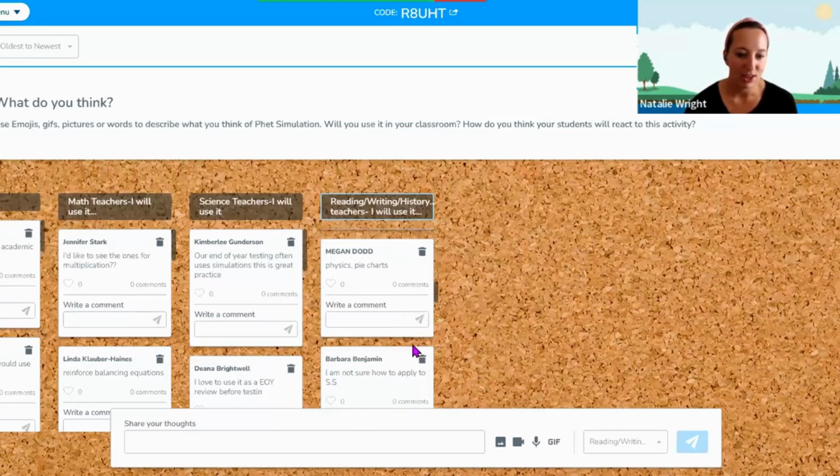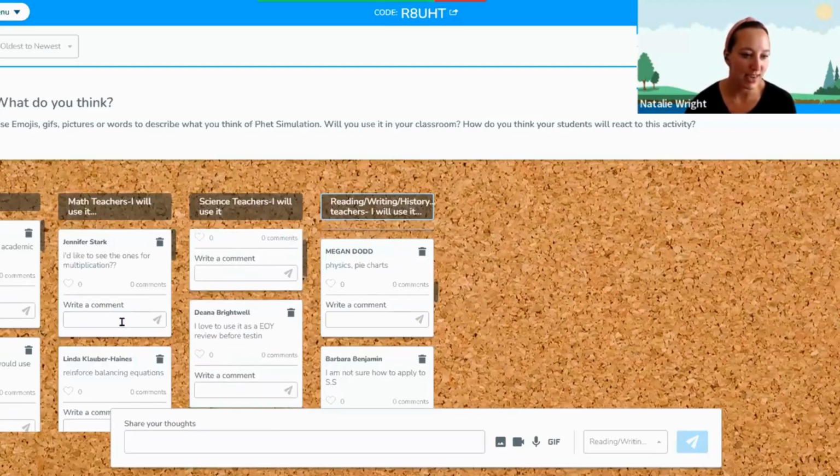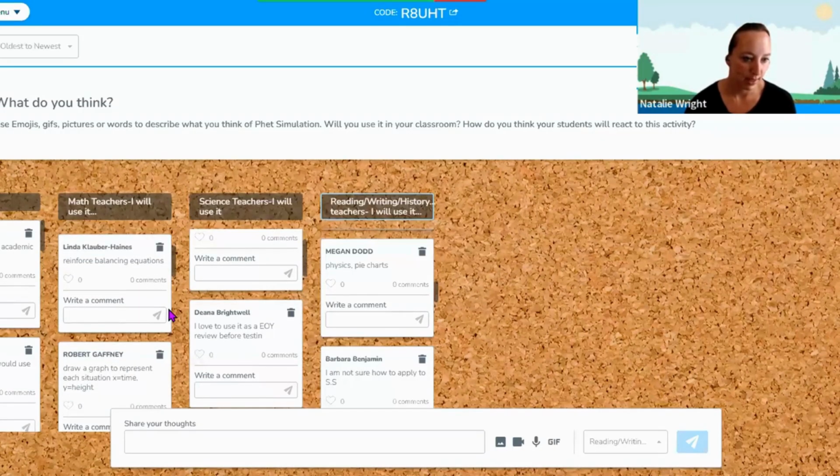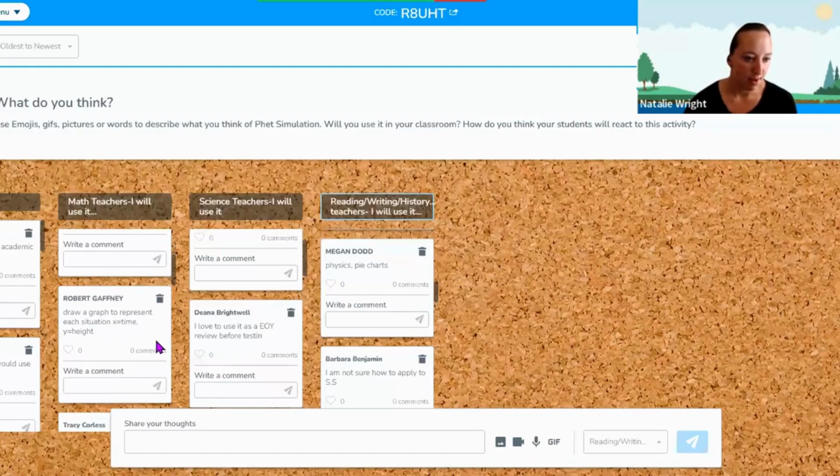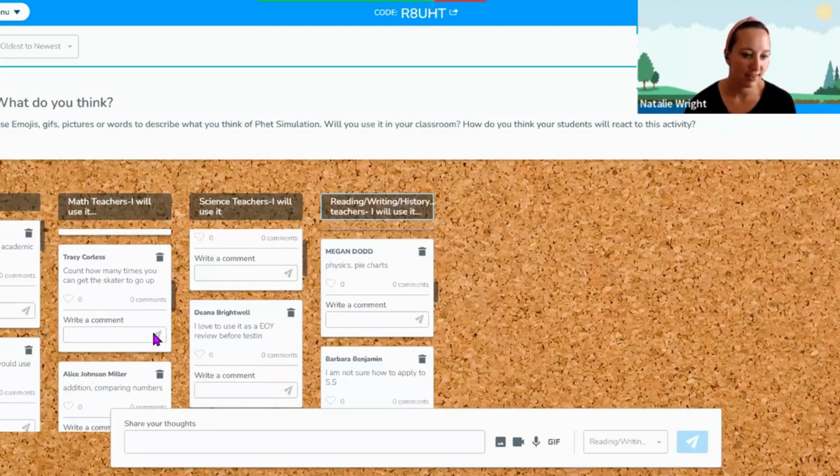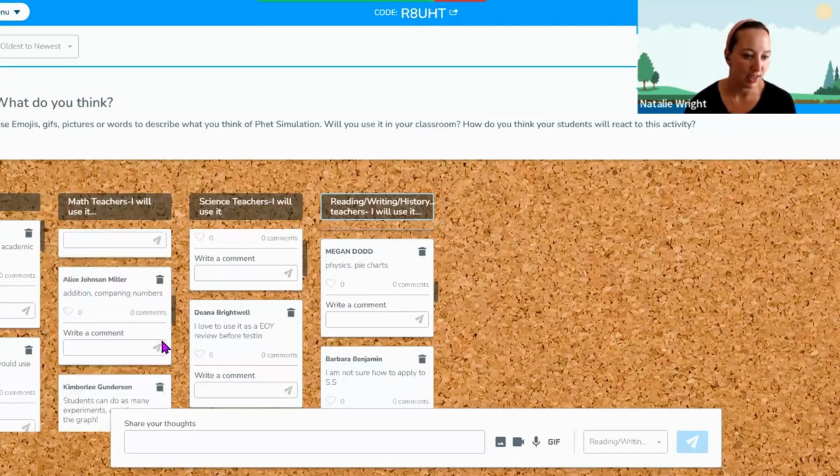Okay, I'm loving the GIFs. Yeah, into your testing, use the simulations for practice, review for testing. Yes, there are ones for multiplication, absolutely. Perfect. Yep, drawing the graph, addition, comparing numbers.